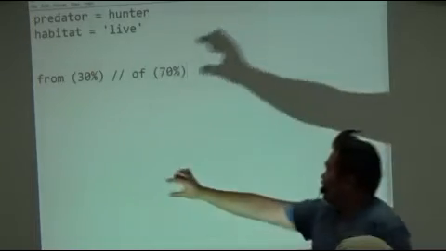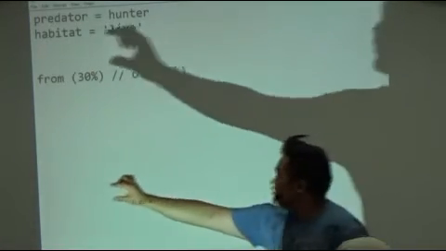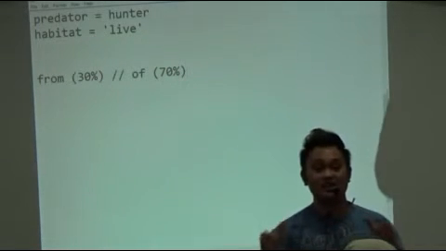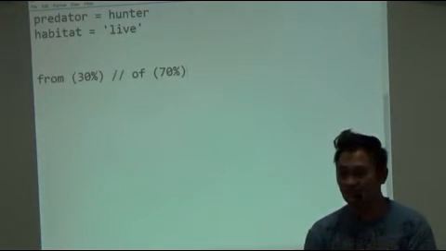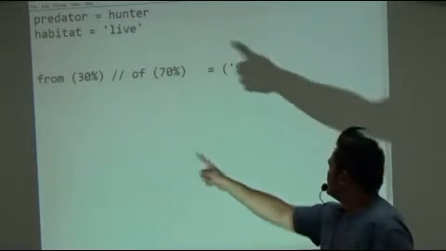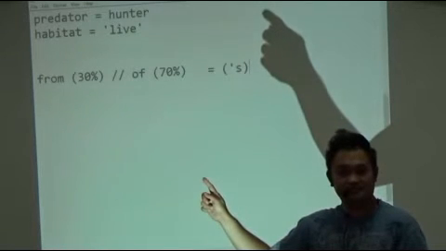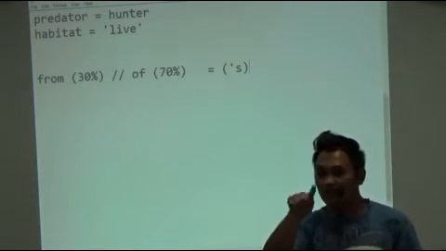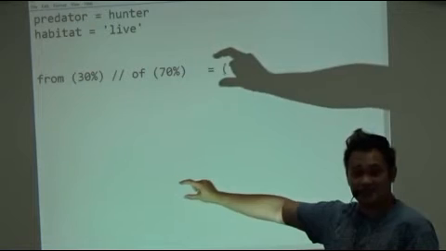That means "of" is more common. "From" and "of" have the same function in the reading test. What does it mean? It means this symbol. So if you find "of," try to find the symbol first.